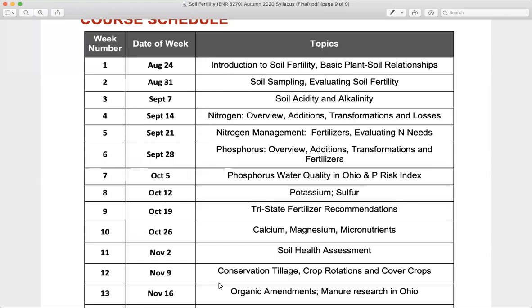But essentially, we want to have you pull a soil sample, get that soil sample tested, and then follow those analyses throughout the semester and have you look at that, compare and contrast your samples with other student samples. Again, plenty more about that, but it's with the recognition that pulling a soil sample and submitting it to a commercial testing lab is really our first window into soil fertility and into understanding what type of soil we have and how we need to manage it.